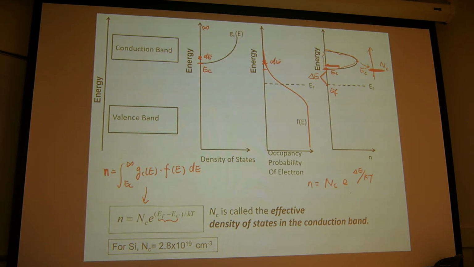And remember, this delta E is always negative, smaller than 0. That means N is always smaller than NC, because if you have a negative term here, then this exponential is less than 1. So N is smaller than NC.